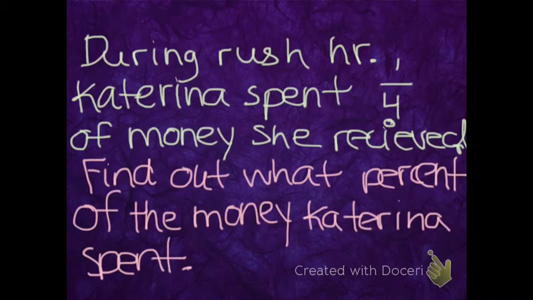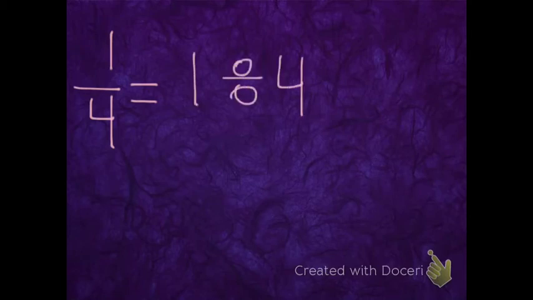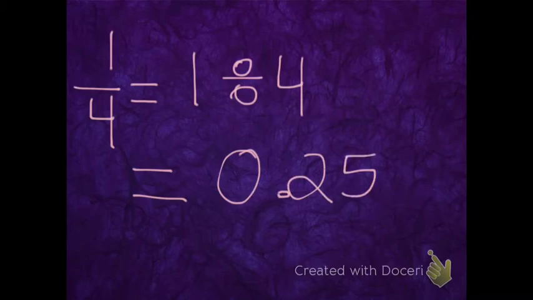So what you are going to do is 1/4 equals 1 divided by 4. And 1 divided by 4, you should all know because it's simple, is 0.25. Like 1 out of 4 pieces.